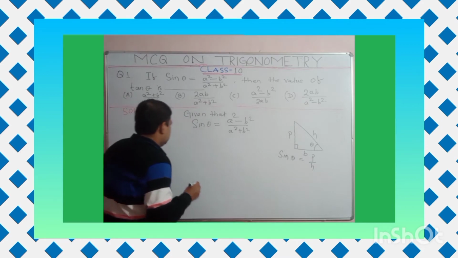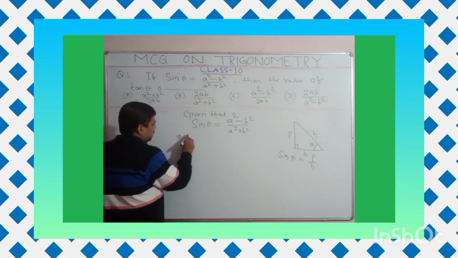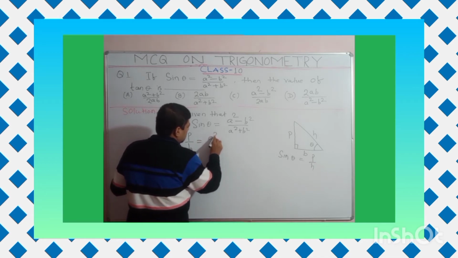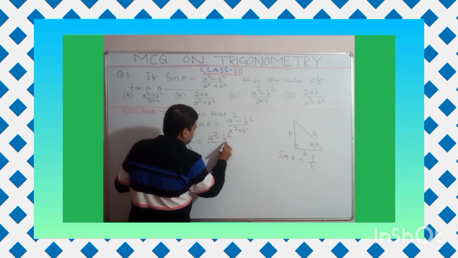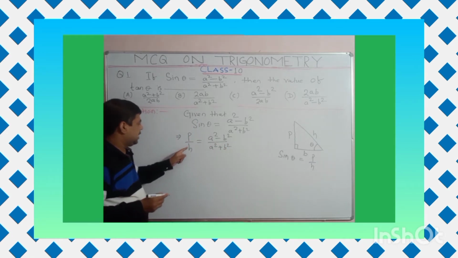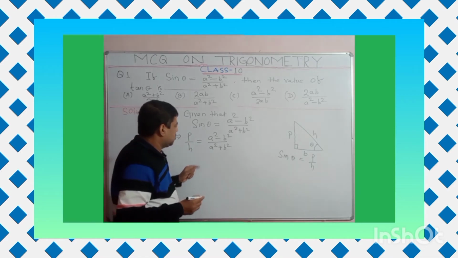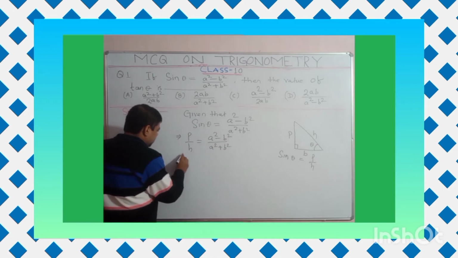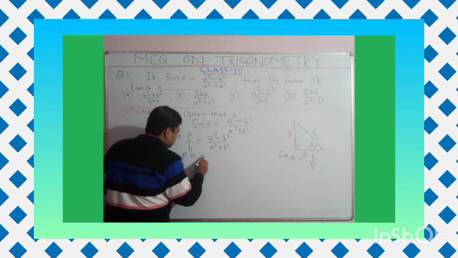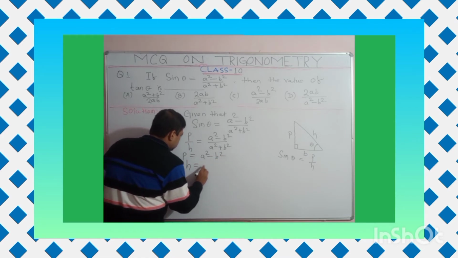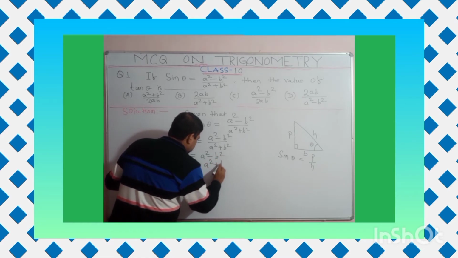Understand? So sine theta is equal to P upon H, which is equal to a square minus b square divided by a square plus b square. Yes or no? Comparing both sides, the perpendicular is a square minus b square, and the hypotenuse is a square plus b square.